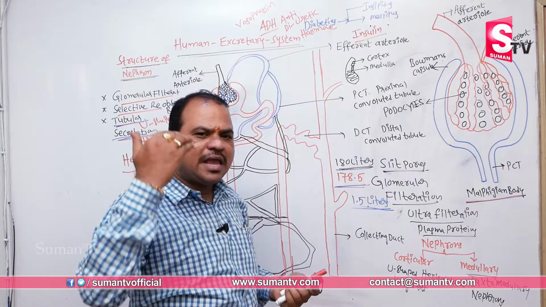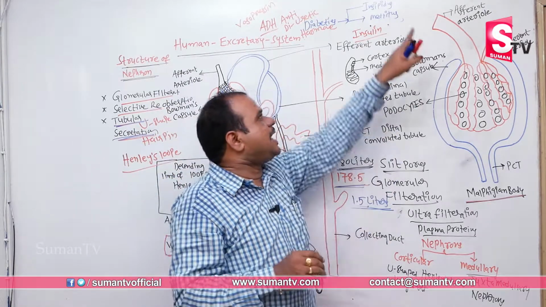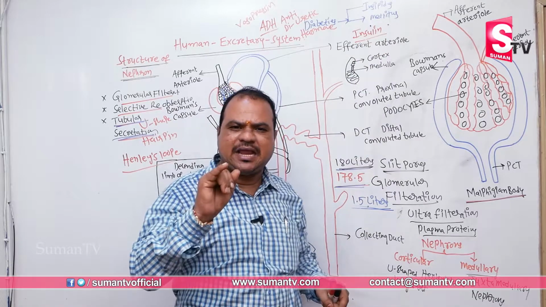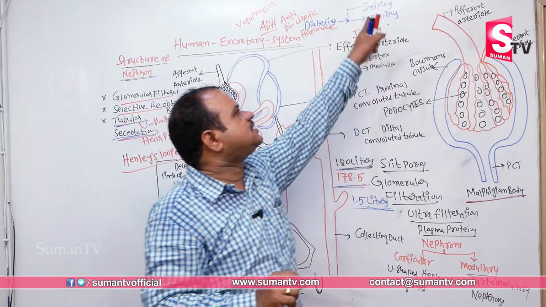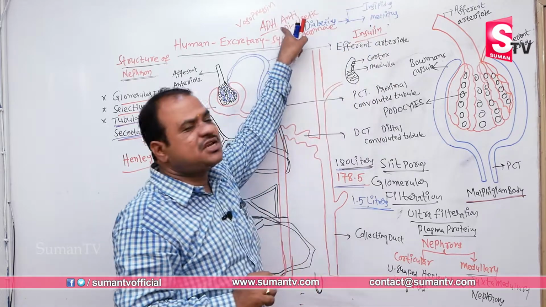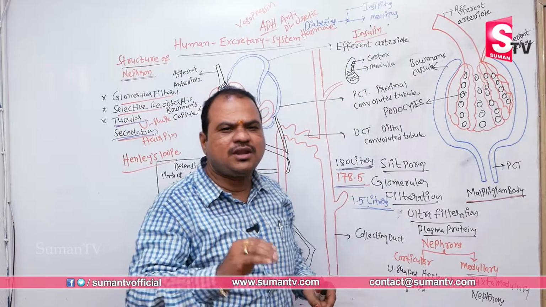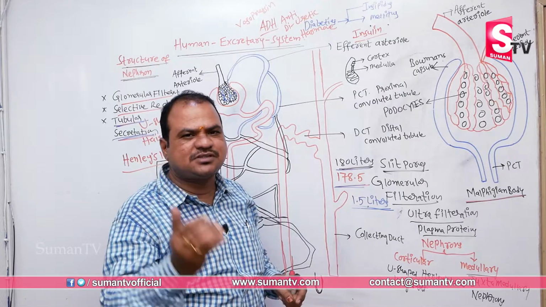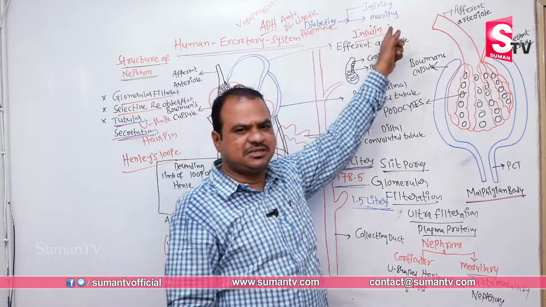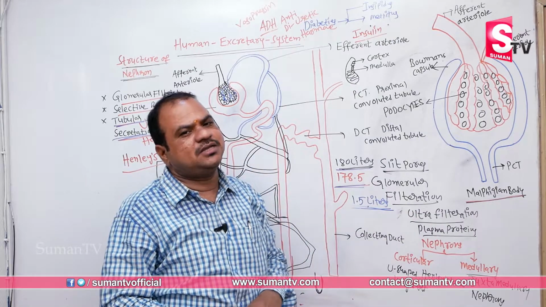Both excrete the maximum percentage of urine. But in diabetes mellitus, the urine will contain glucose. With ADH deficiency, the glucose is absent in the urine. So that is the difference. Glucose absent means diabetes insipidus. Glucose present is normally called diabetes mellitus.